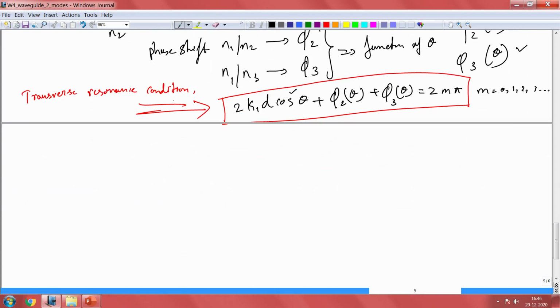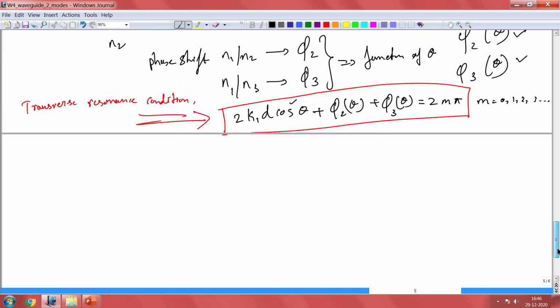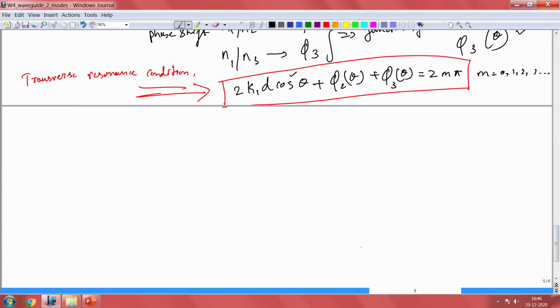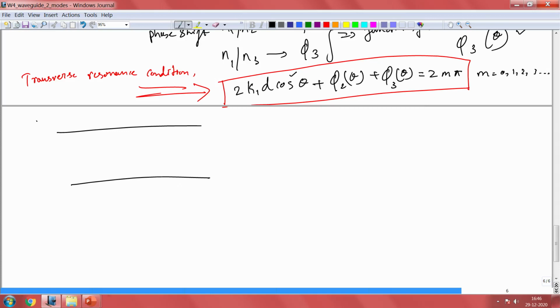Let us look at the orientation of the electric field and how you can visualize the flow of a field through this medium. Let us look at the transverse electric polarization, that is TE polarization. Again, z is the direction of propagation. So, this is N1 and it is clad by N2.